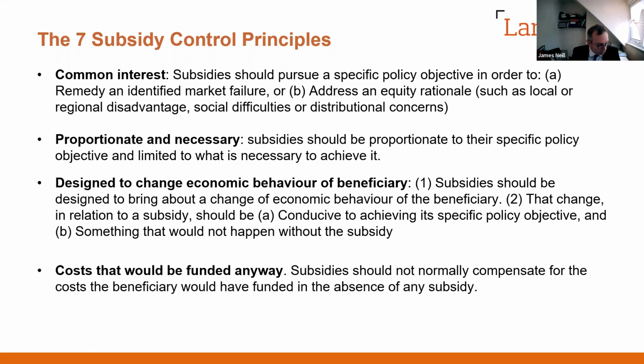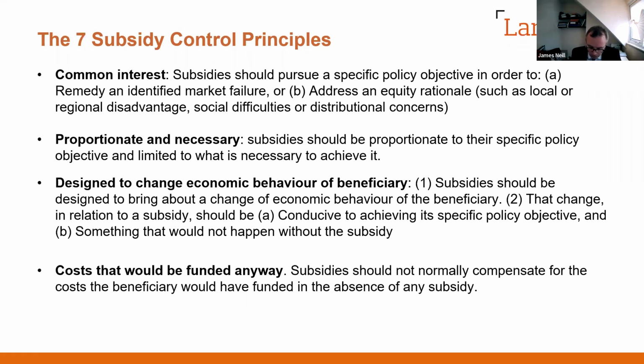The subsidy control principles are set out in the schedule at the back of the Act, and I've just summarized them here. There are 7 of them, listed here for ease of reference. The first is what's described as the common interest principle.